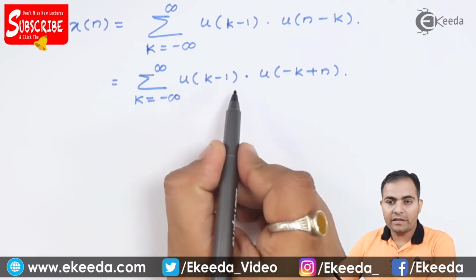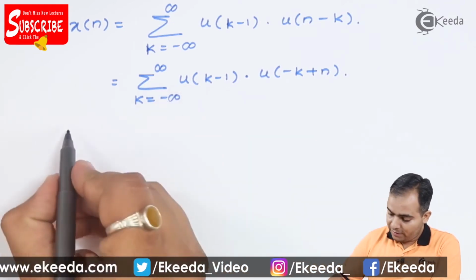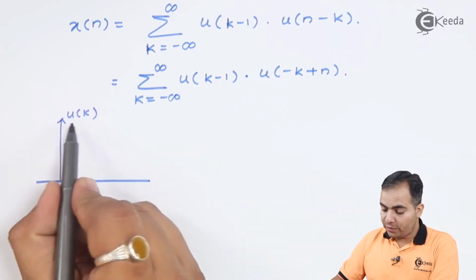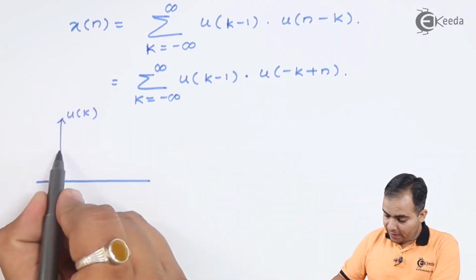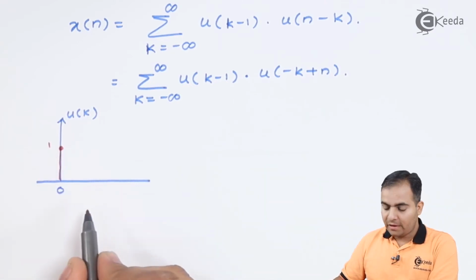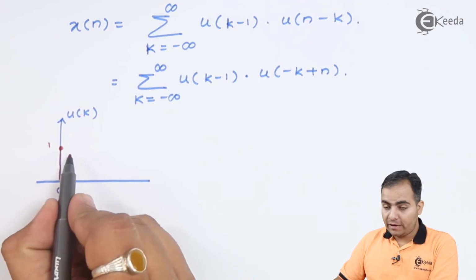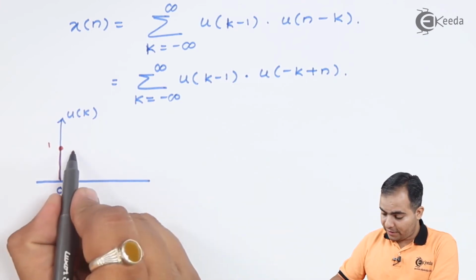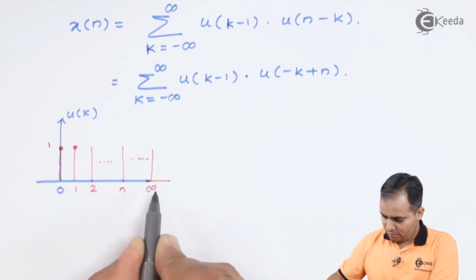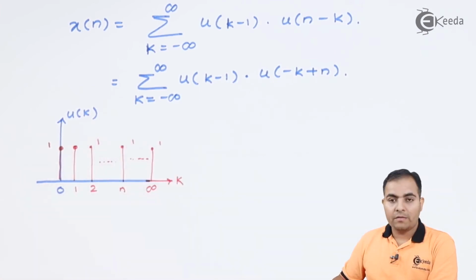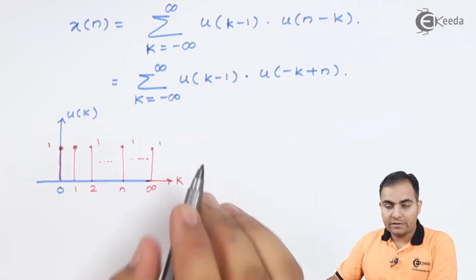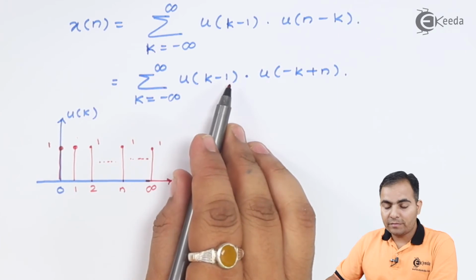So u of k minus 1 is, first of all I'll draw u of k. My u of k starts from 0 with amplitude 1, and it has amplitude 1 till infinity. But if we add delay in this function, then u of k minus 1 means what?